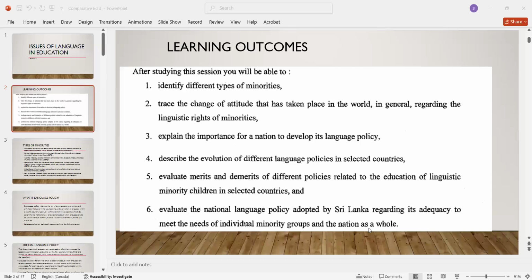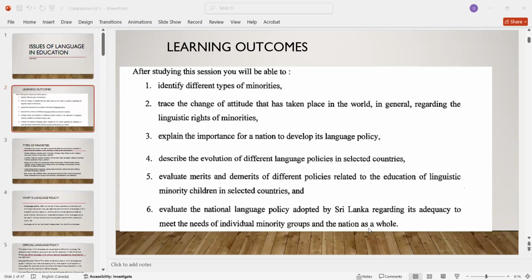Normally the language issues are with minorities. Explain the importance for a nation to develop its language policy. Describe the evolution of different language policies in selected countries. Evaluate merits and demerits of different policies related to the education of linguistic minority children in selected countries.